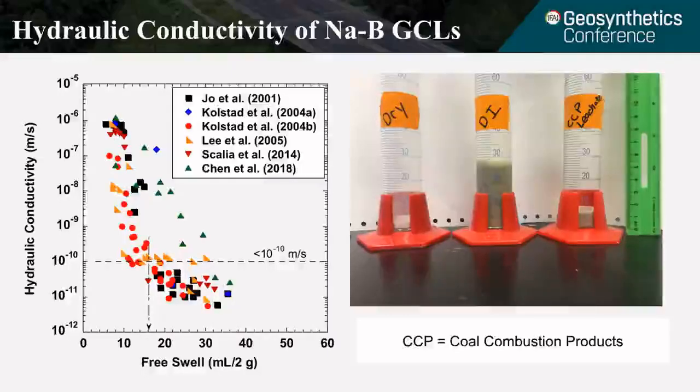From low swelling all the way to high swelling values, the hydraulic conductivity gradually decreases. Roughly speaking, when the swelling is higher than 16, it promises a low hydraulic conductivity of sodium bentonite GCL to different types of leachate.